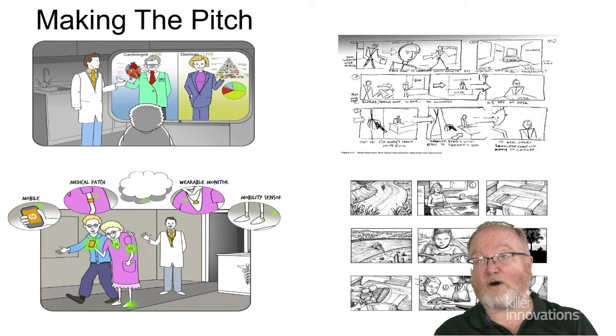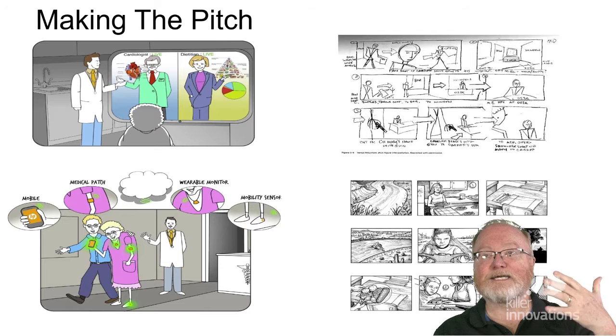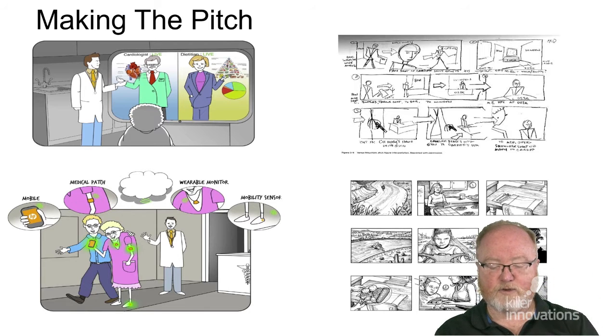You've got to convince a boss to let you have the time to go do it. You need to convince somebody to fund it, to give you some money, or to give you some people to help you. You need to go to a venture capitalist, raise some capital. You got to go to friends and family. Whatever you're going to do to get the resources, it always involves a pitch. Step one is you've got to prepare your pitch.